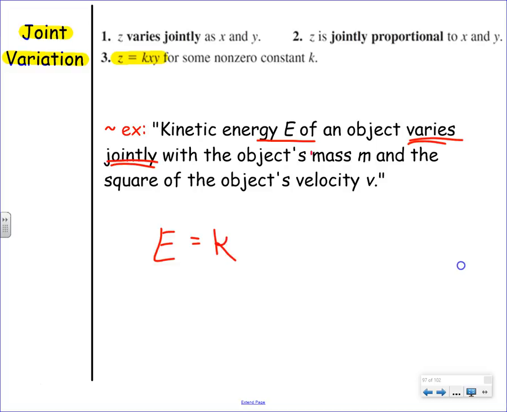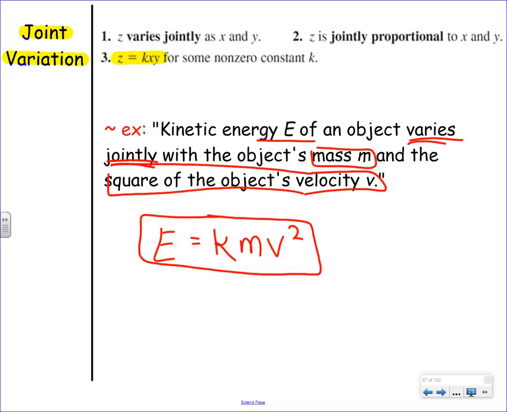With mass. Be careful. Reading comprehension, yes, it's good to be able to shorten, but if you leave off an important detail, you're going to miss everything else. So the squared velocity, so we have mv squared.